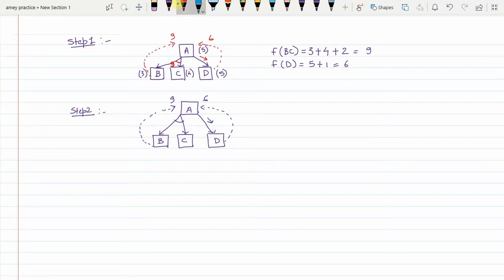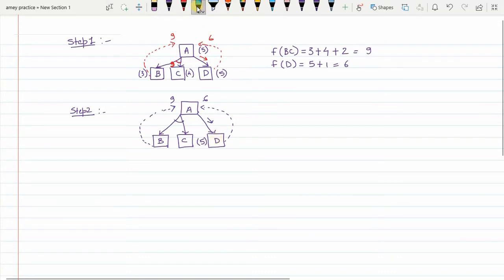Now in step number 2, before expanding D, the algorithm checks whether D is the goal node. If you see the heuristic value of D, it is 5, not 0. So D is not a goal node, which means D can be expanded further.